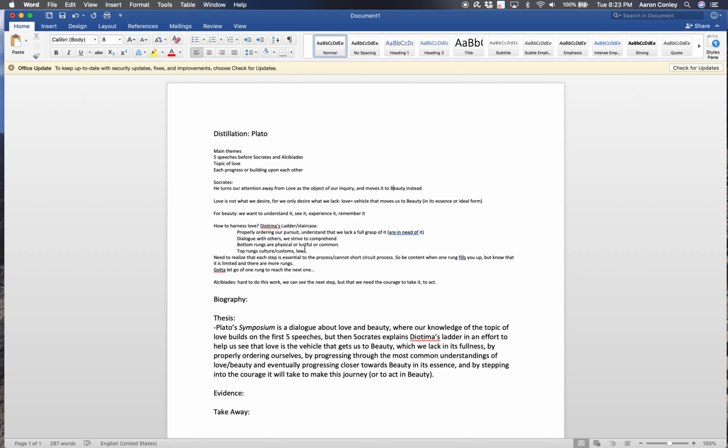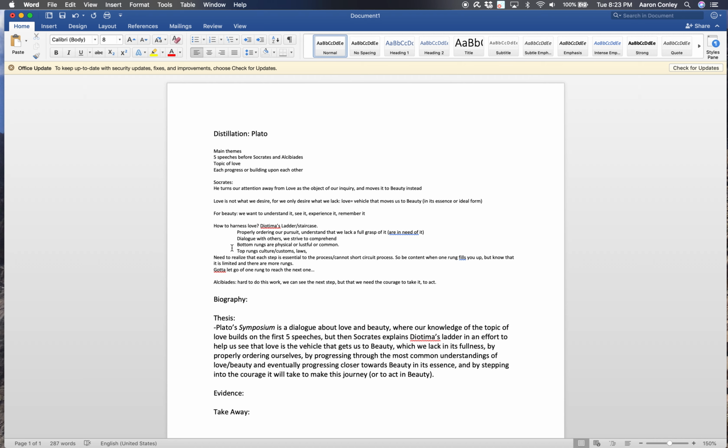The bottom rungs are naturally more physical or lustful, or as Pausanias told Phaedrus, common. And as we move up, we get to the more heavenly distinction. The top rungs are the love of culture and customs and laws, and that's not because Plato was somehow infatuated with, he's not a pencil pusher.